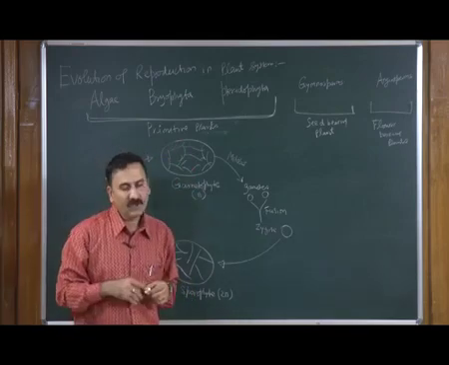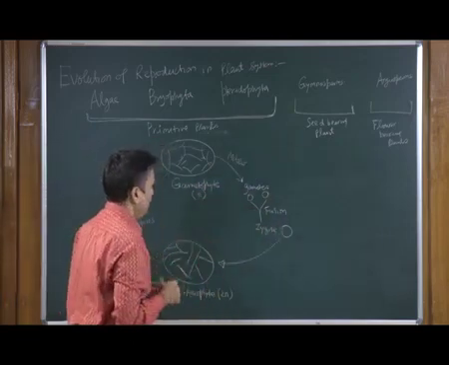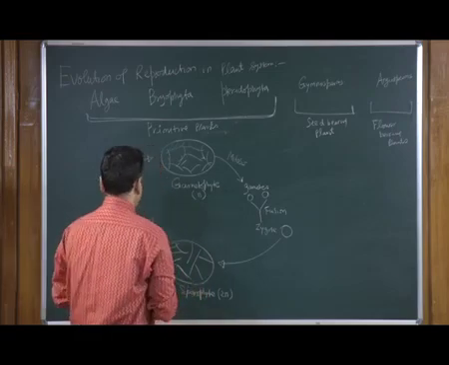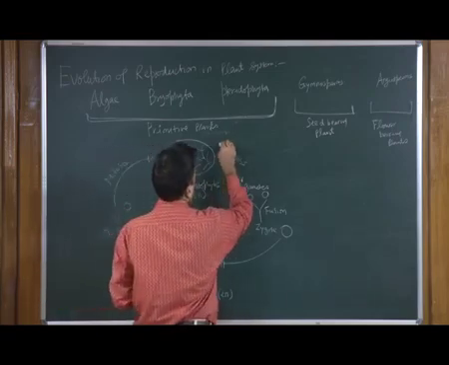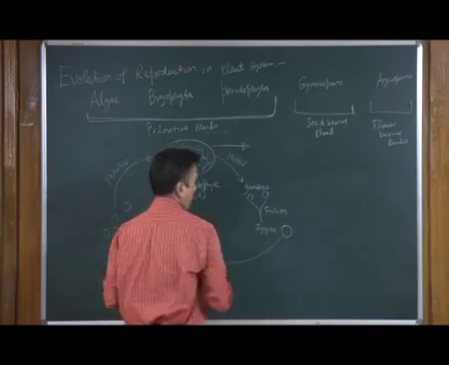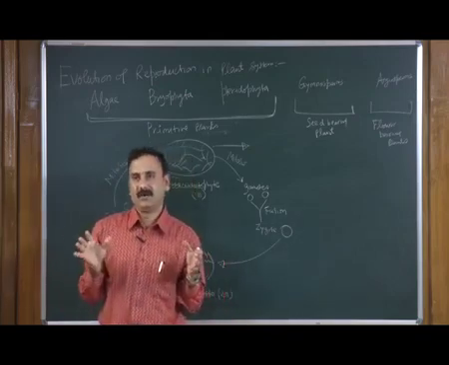So, in these kinds of primitive reproduction mechanisms, the plants are mostly going with the gametophyte and the sporophyte as two individual, different plants.